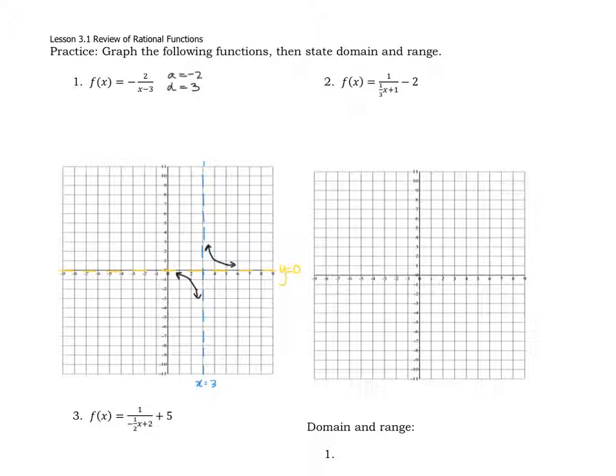But now that we have both a vertical stretch by a factor of 2 and a reflection on the x-axis, this point right here, instead of being half a unit away and 2 units up, is now going to be half a unit away and 2 units down. So that's going to be my new point here, using my step pattern method.